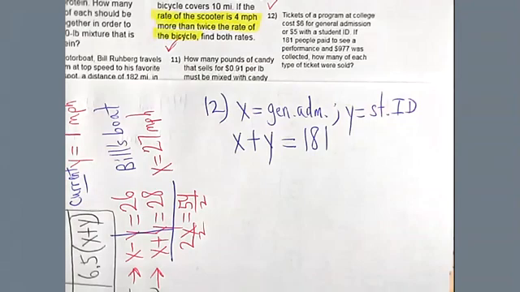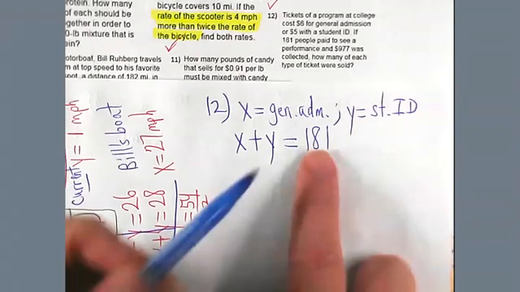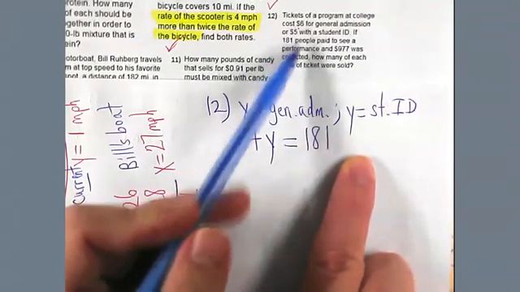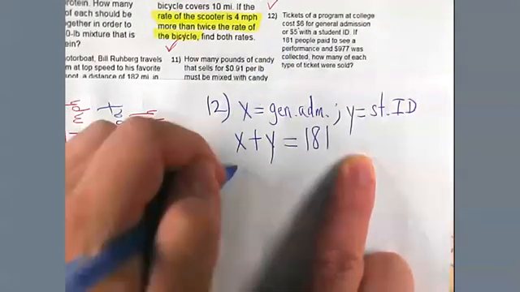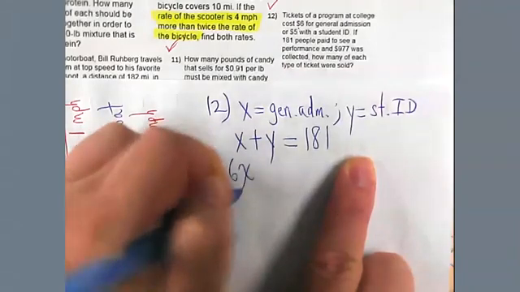Now, to get the second equation in our system, this is where you include the money part of it, the cost. General admission tickets cost $6, so we can represent that as 6x.